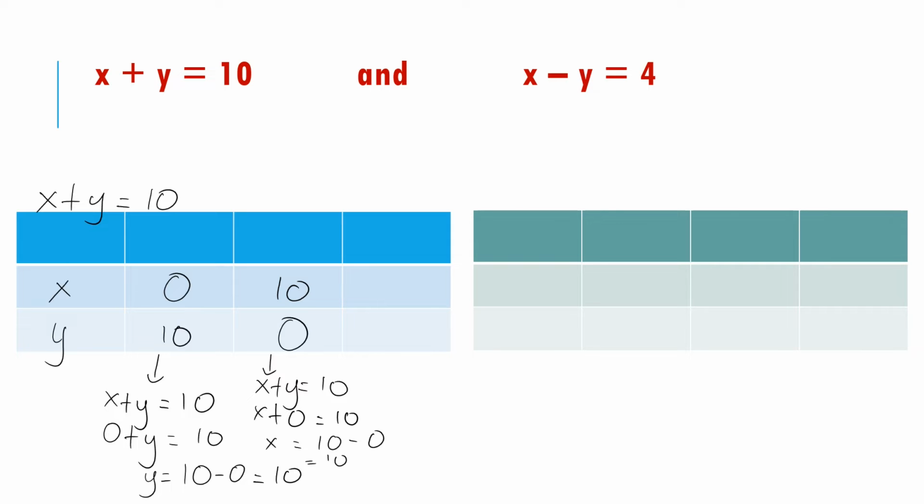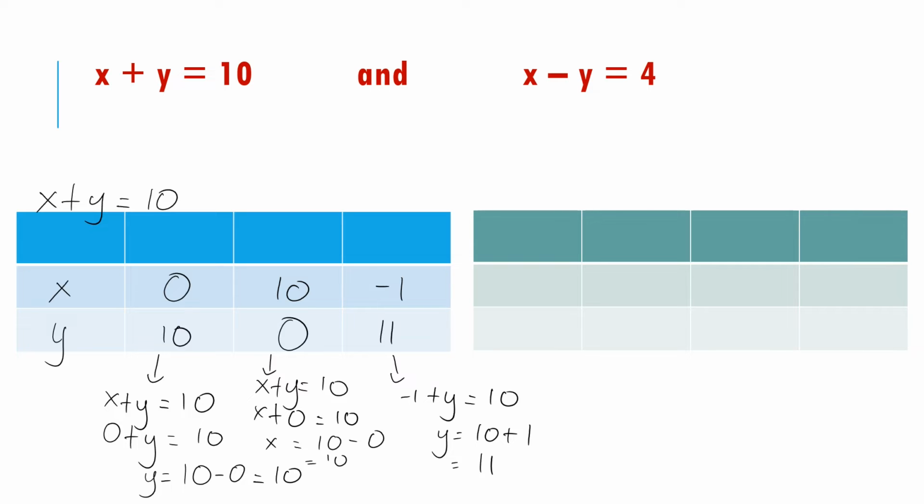But usually I prefer to use minus 1, because I don't want to draw it too far from the other points. So minus 1 plus y equals 10. The minus 1 moves from the left side to the right side, so the sign of minus becomes plus. It will be y equals 11.